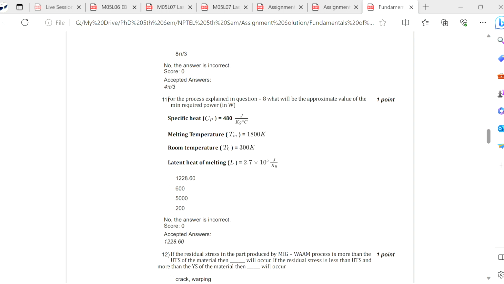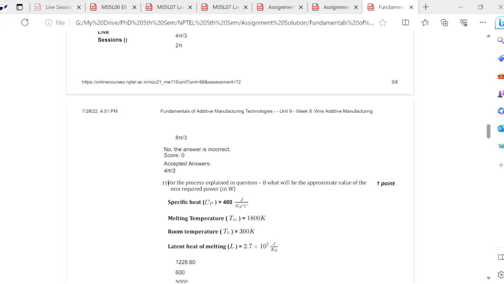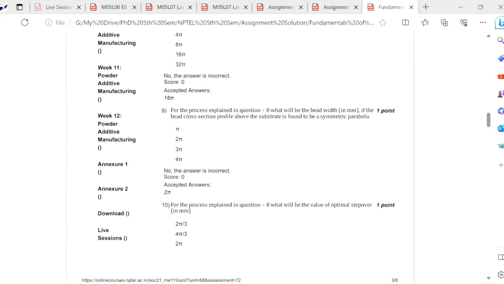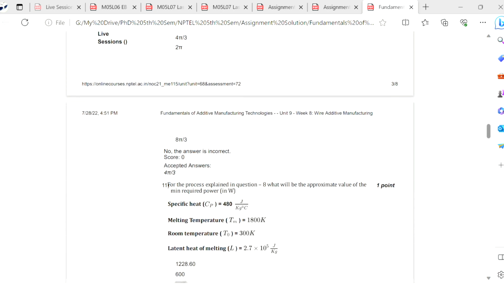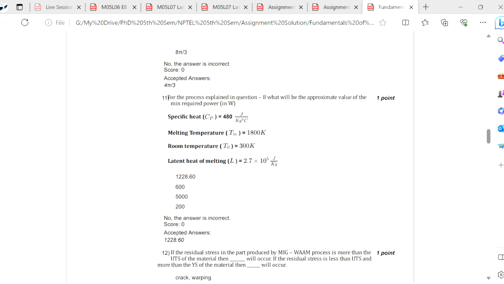This we solved last class, right? We got the answer, right? I solved it. Okay, the class was not done. Your range is from how much?